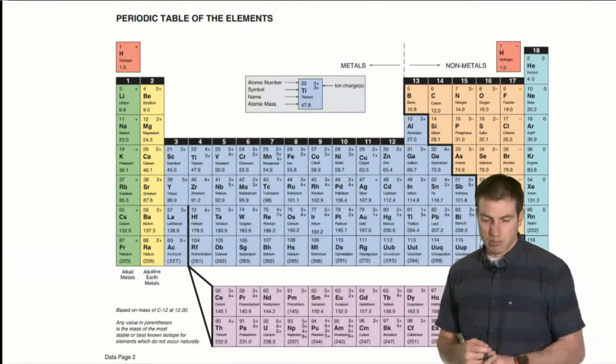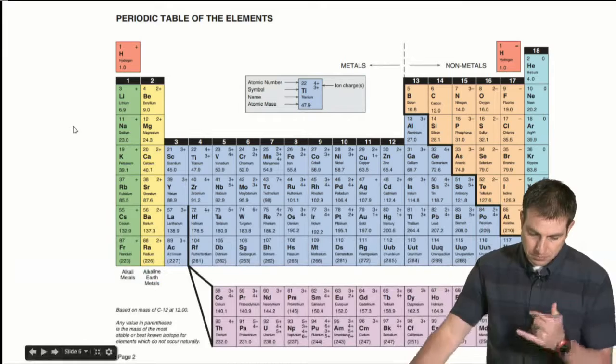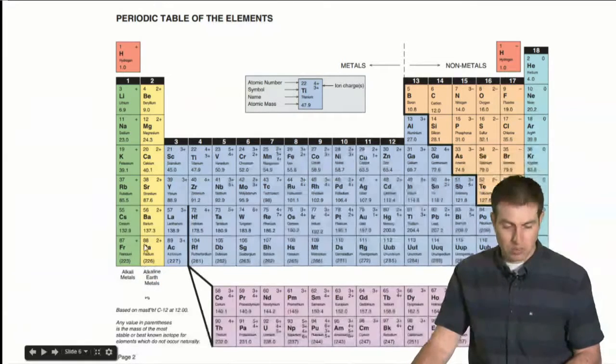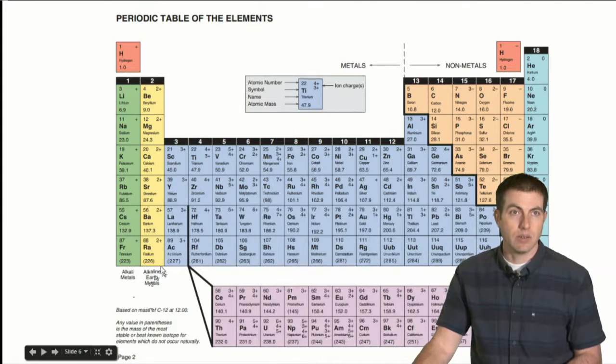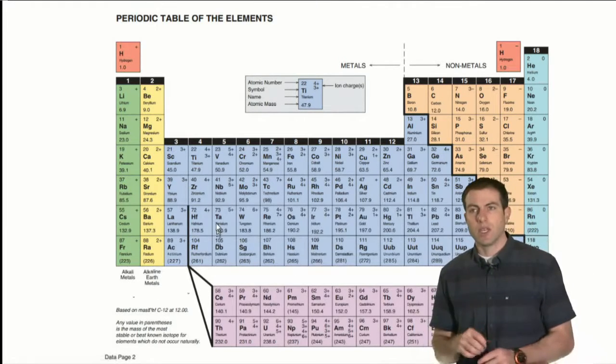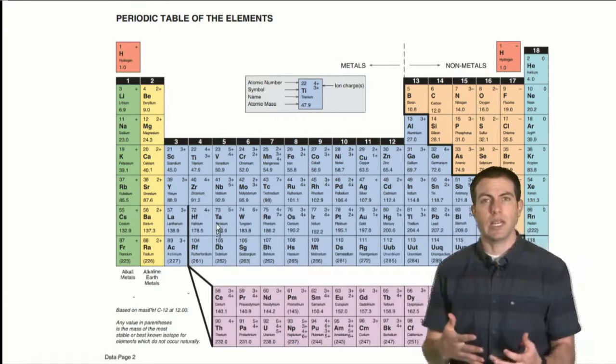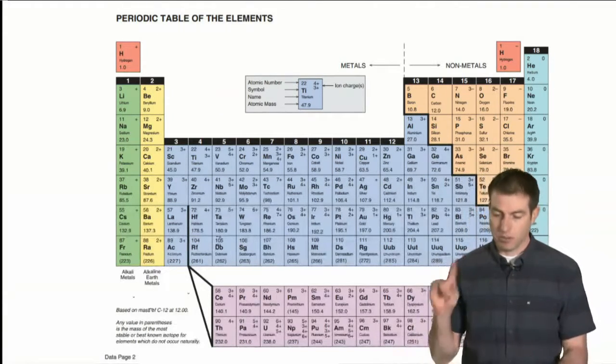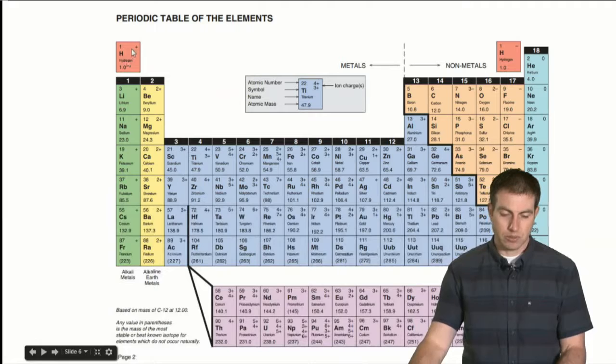So here you go. Here is your periodic table right out of your data booklet. You can see down at the bottom, the first group is called the alkali metals, and we have the alkaline earth metals. Now, one slightly confusing thing about this periodic table is that hydrogen, element number 1, this red guy up here at the top, appears on both ends of the periodic table.